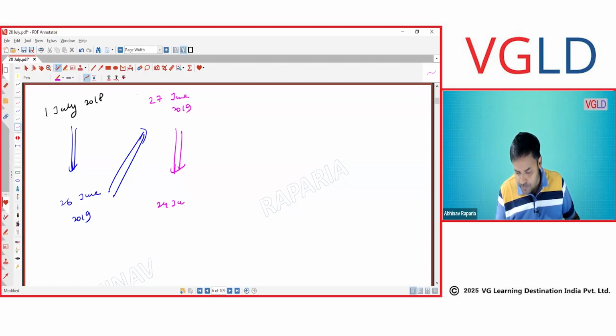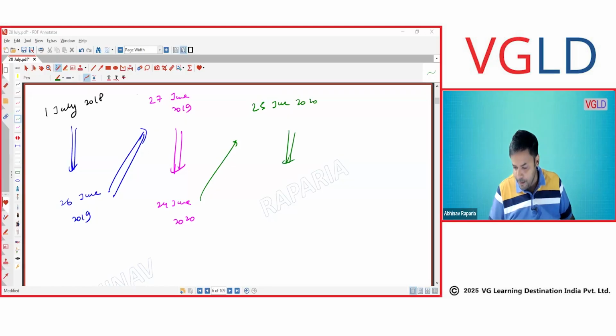Twenty-fourth of June 2020. Starting with the next day, that means 25th of June 2020. And this is going to end on the last Wednesday. I hope it is okay.